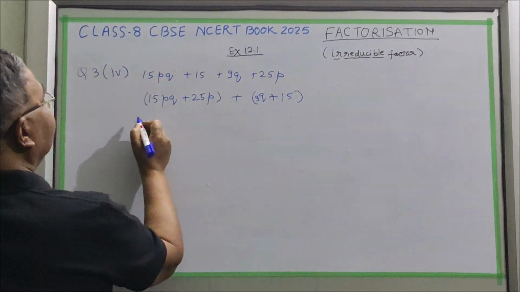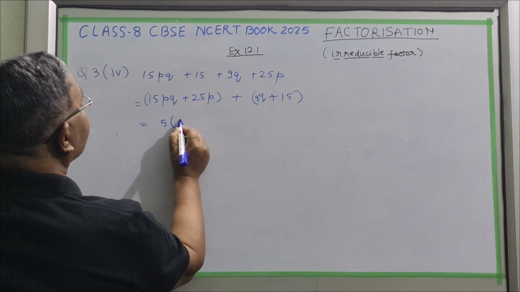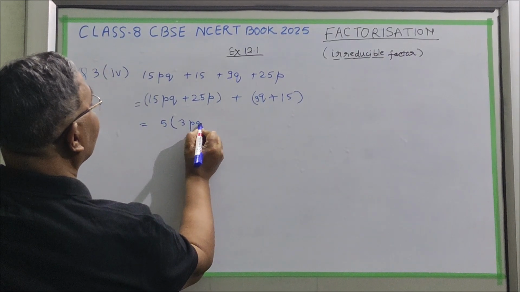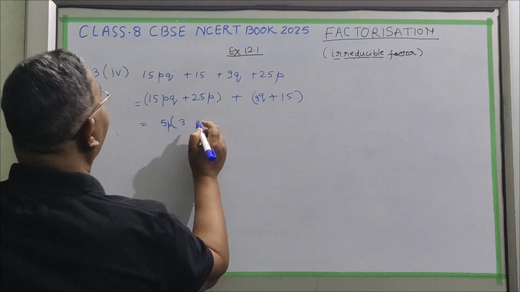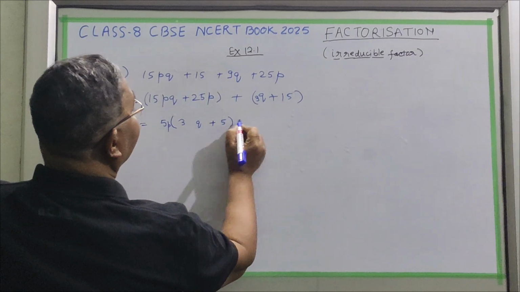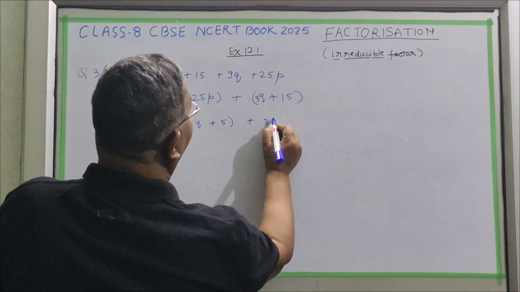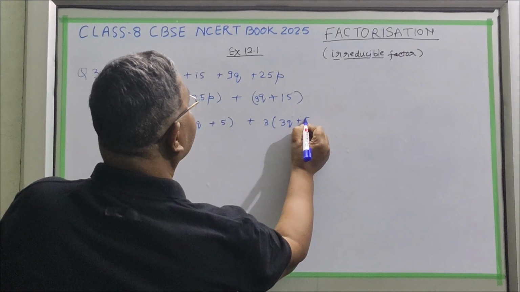Okay. So here again 5 is common. So 3PQ, 5P you take. So what will remain? 3Q plus 5, 5 fives are 25. Plus here if you take 3 out, what will remain? 3Q plus 3 fives are 15.